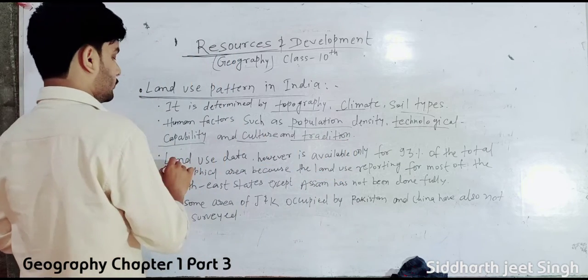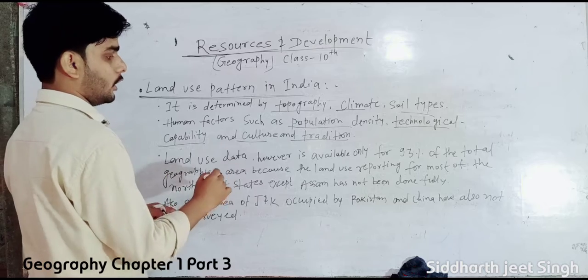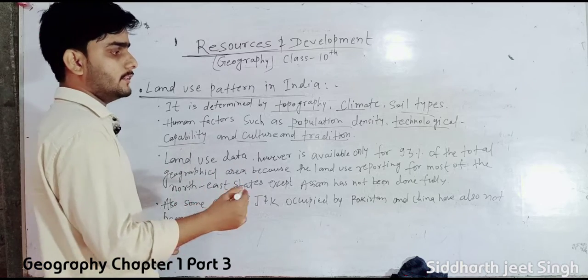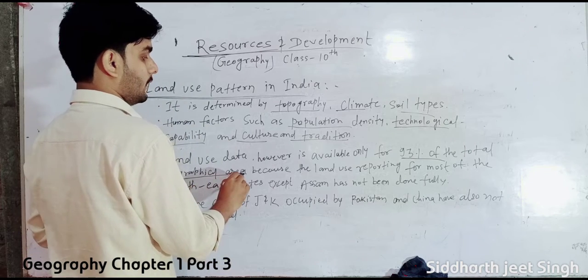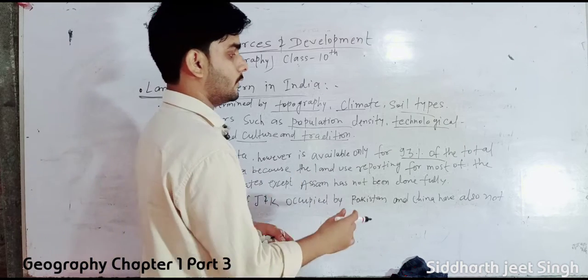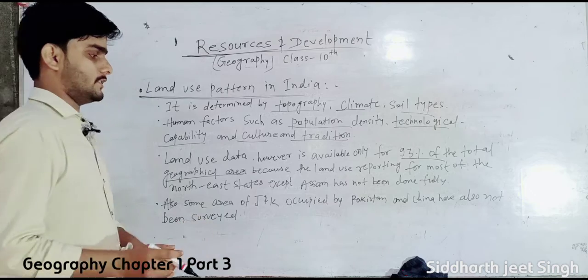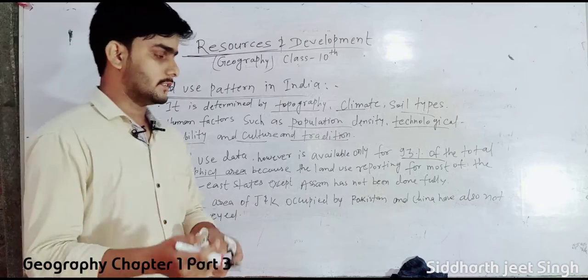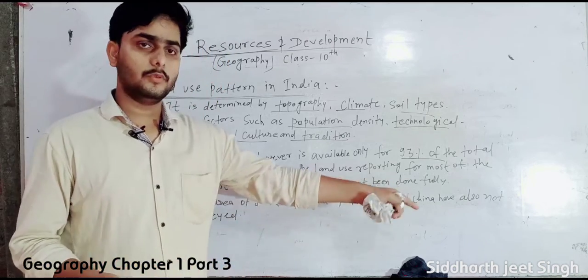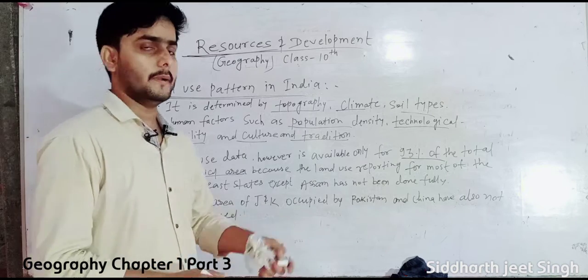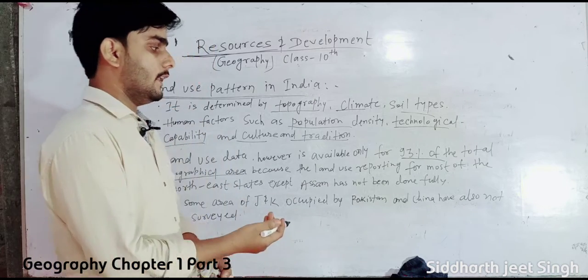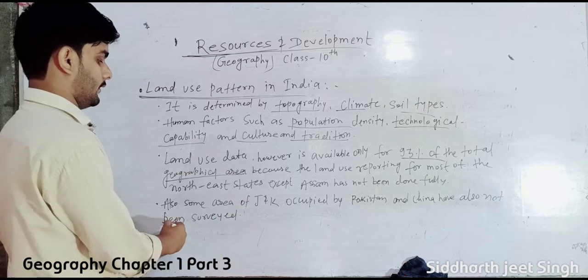Land use data is available for 93% of the total geographical area, because land use reporting for most of the northeastern states except Assam has not been done fully, and some areas of Jammu and Kashmir occupied by Pakistan and China have also not been surveyed.